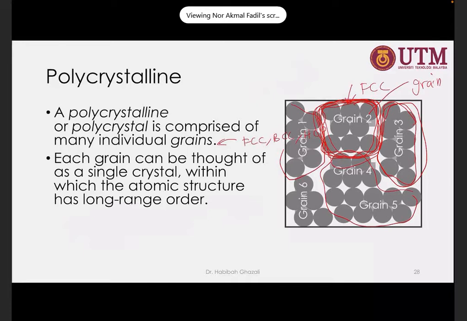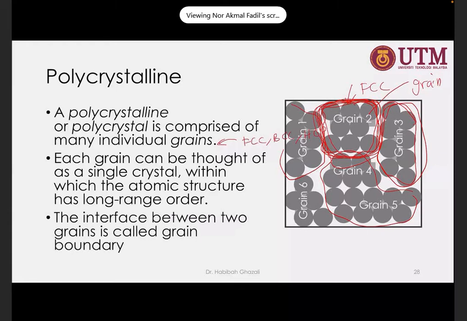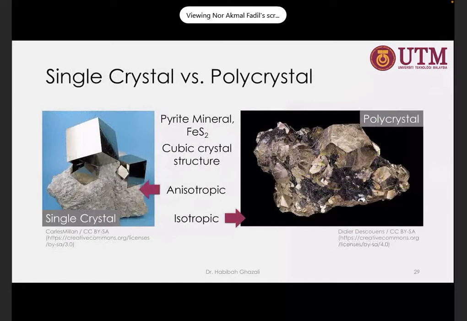We cannot calculate how many crystal structures are inside. The interface between the two grains, we call it the grain boundary. So here is a grain boundary. The boundary between the grains, we call it grain boundary.